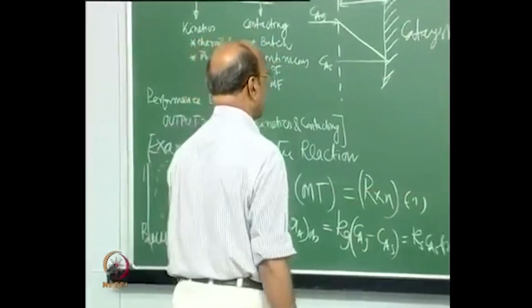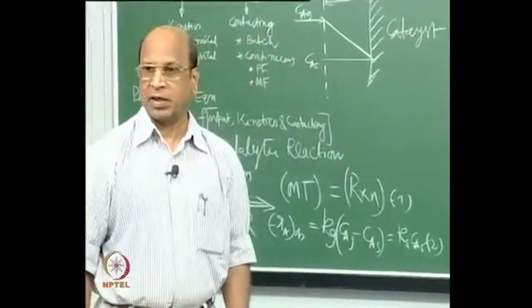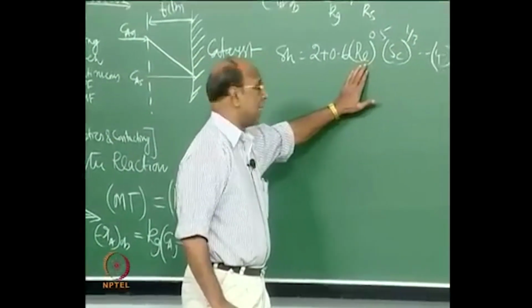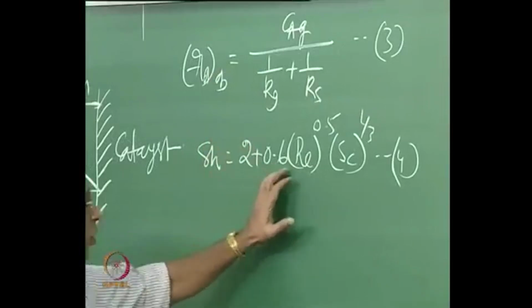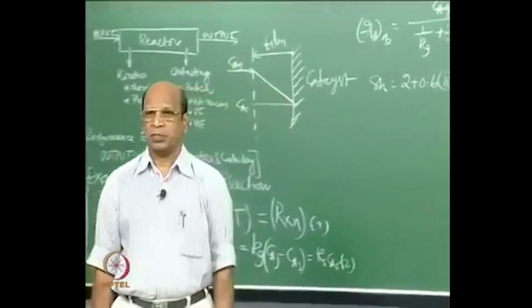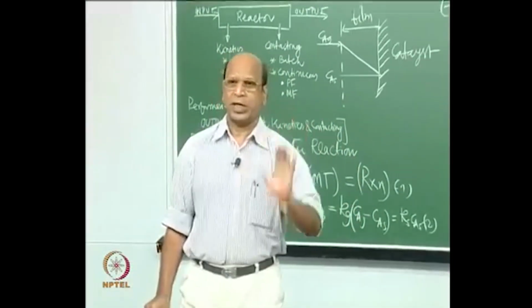In slurry reactors also it may be 50 microns, 100 microns like that. That is why this Reynolds number may be very small, and in comparison to this 2, this product may give me maybe 0.01 as an example. So, 2.01 and 2 does not matter for me, I will take 2.